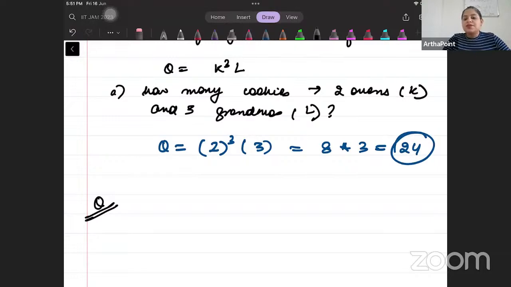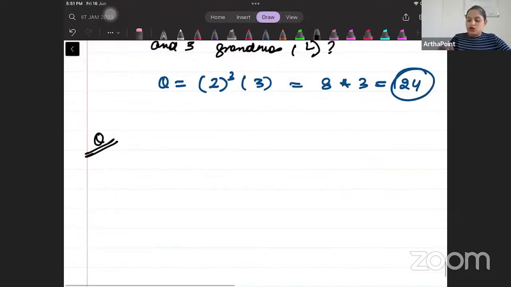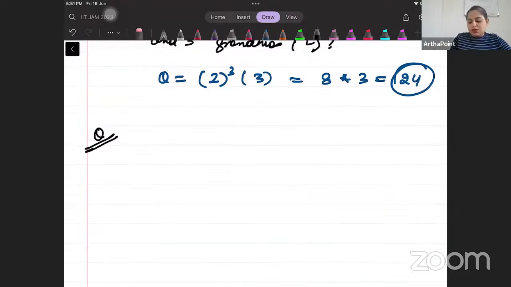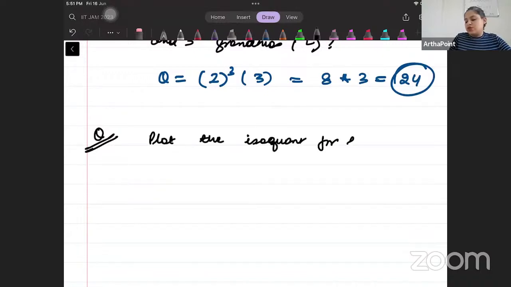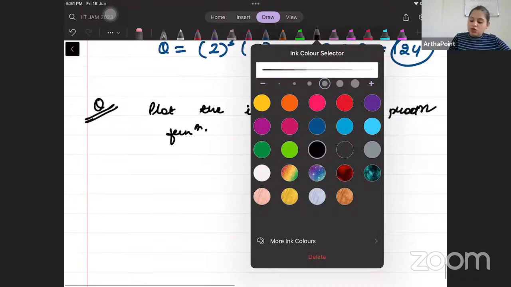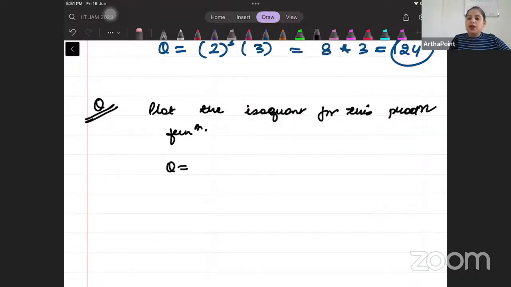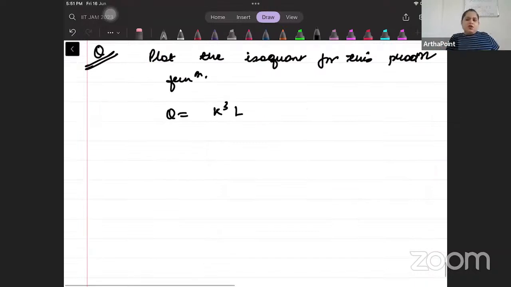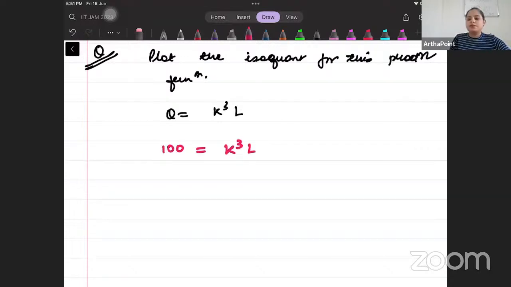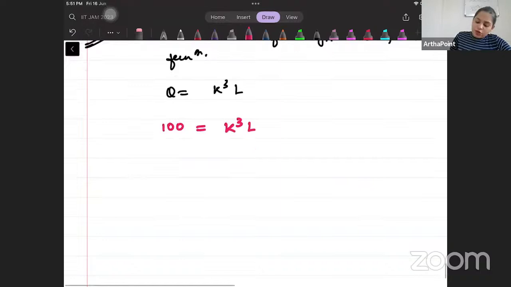They have said that you have this production function, plot the isoquant for this production function. तो बहुत सिंपल है. I know that I am given Q is equal to K to the power 3 into L. I can put some value of Q. Maybe I can say let Q be 100. So 100 will be K cube into L. And then I can just plot this, beta.